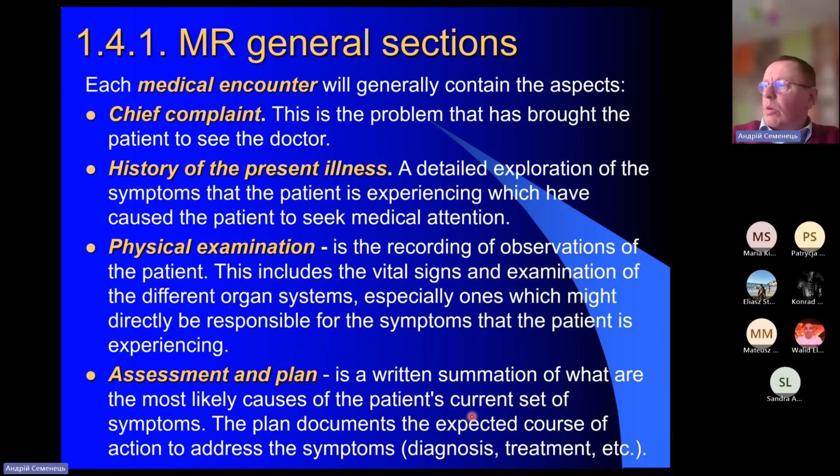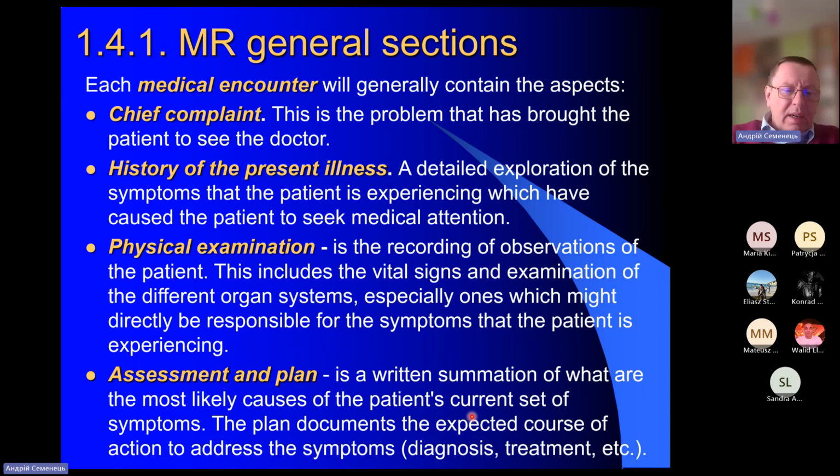The core of medical records is information about each encounter the patient has. It has to contain information about the chief complaints or problems the patient comes with, then the history of present illness for this encounter, if already available, or the first visit.